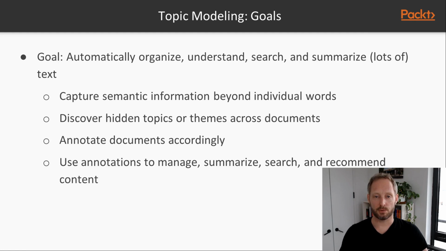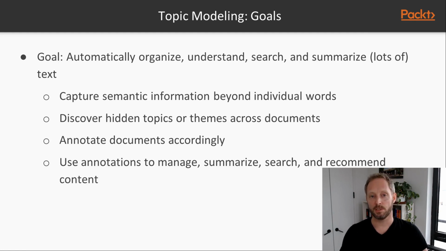To do this, we need some sort of solution to be able to find, for instance, topics that exist but are not directly visible, or themes that run across documents, because that would allow us to annotate documents in a meaningful way at a higher level above the granular individual words approach.